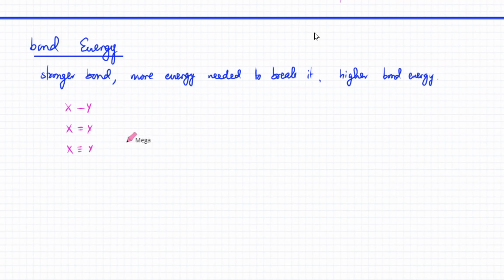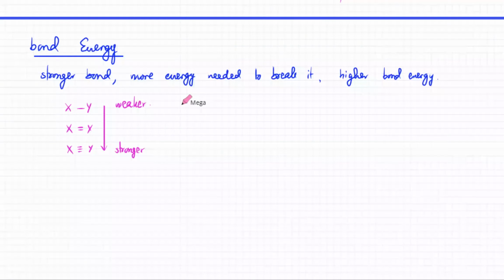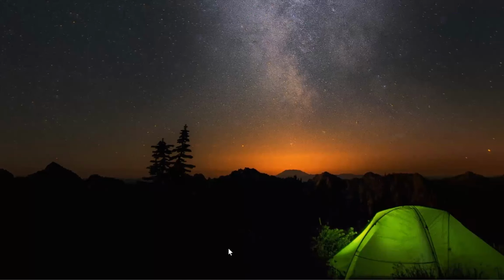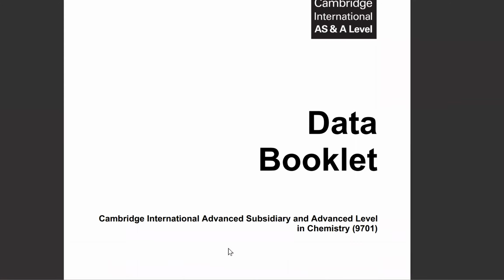So the first thing you should know is that a triple bond is obviously stronger, and a single bond is obviously going to be weaker. You can look at the bond energy data. If I open the data booklet, just type 9701 data booklet. You'll get this data booklet.